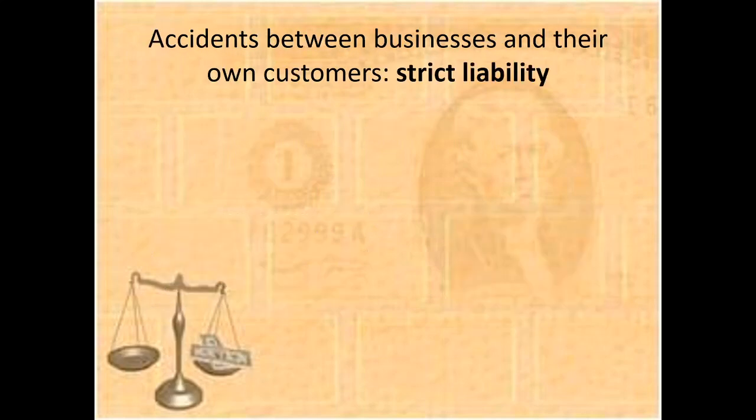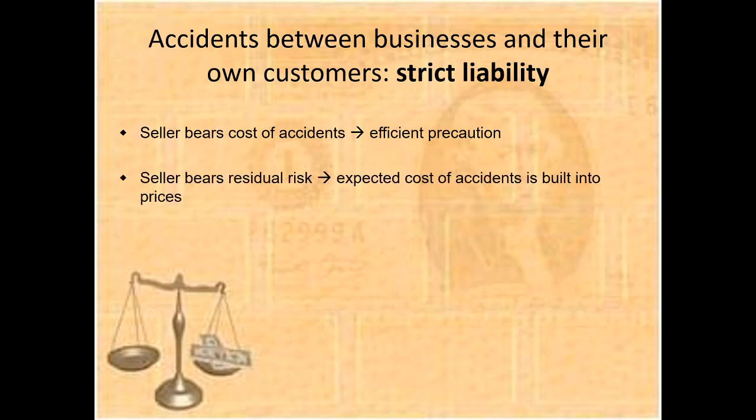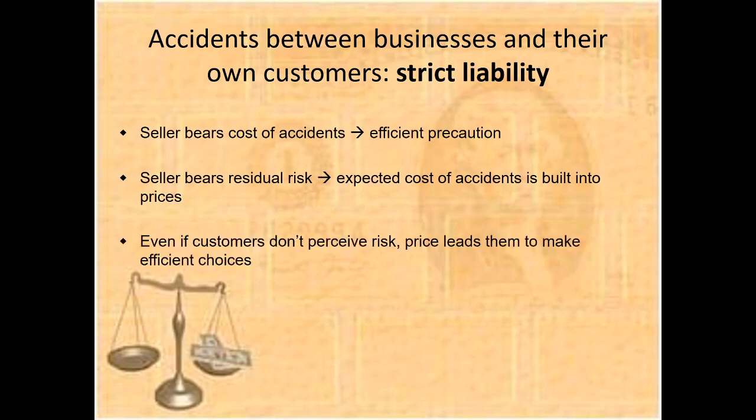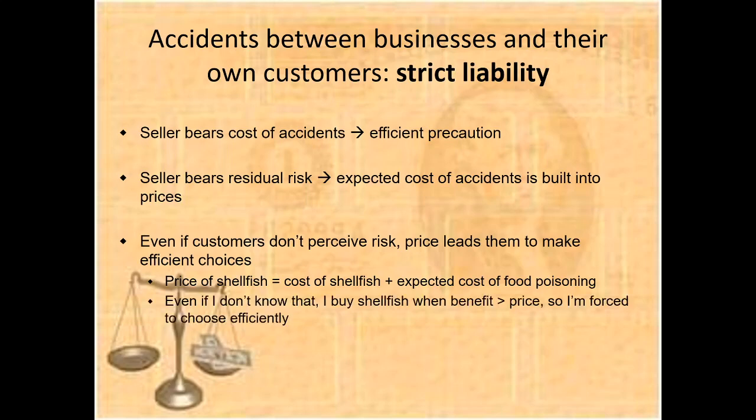So in the second and third case, which is most likely, sellers bear the cost of accidents, take efficient precaution, and sellers bear the residual risk. The expected cost of accidents is built into the price. So even if customers don't perceive risk, the price leads them to make efficient choices. The price of shellfish, for example, is equal to the cost of shellfish plus the expected cost of food poisoning.